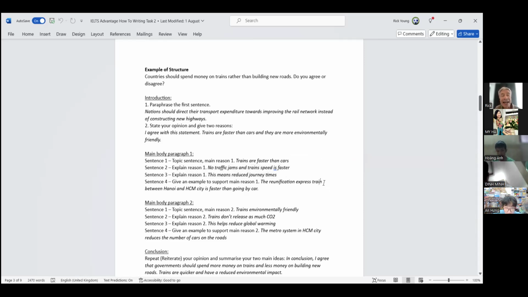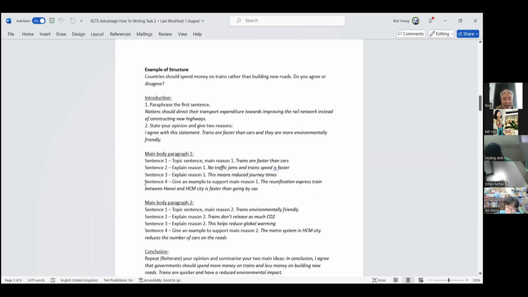All right. Is that true? Maybe, maybe not. Remember, it doesn't matter as long as I am communicating my reason clearly. All right. Sentence 3, another explanation. This means that journey times will be shorter. Reduced journey times means journey times will be shorter. So trains are quicker than cars.